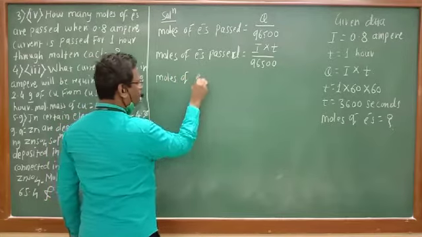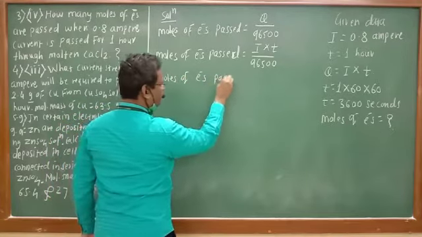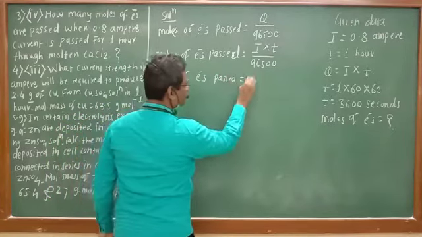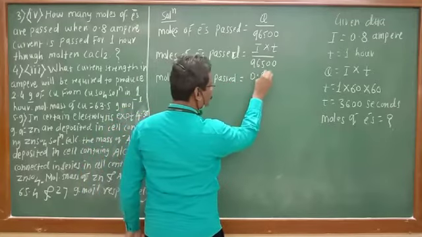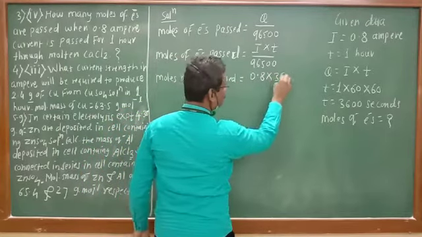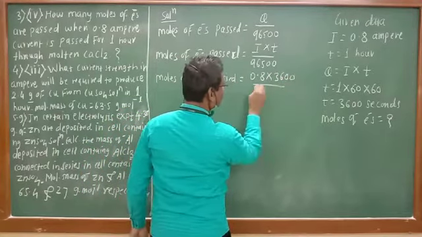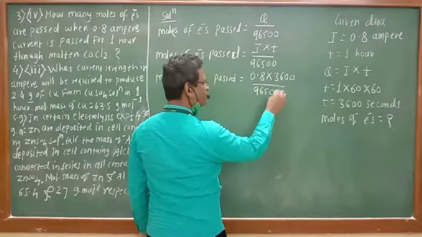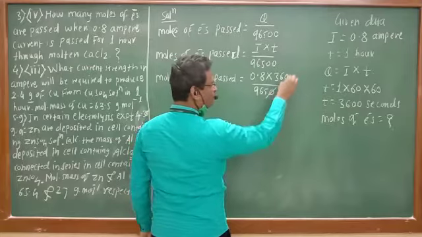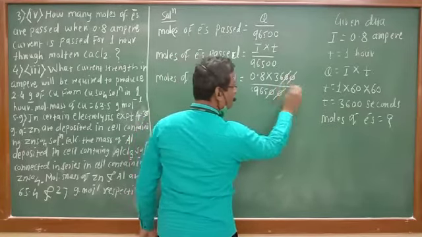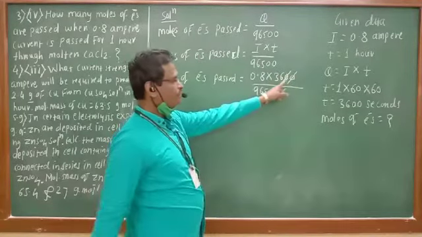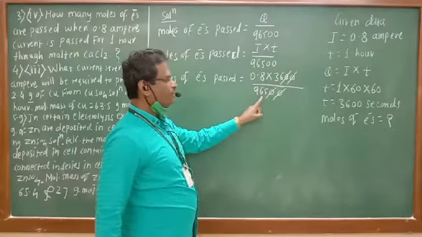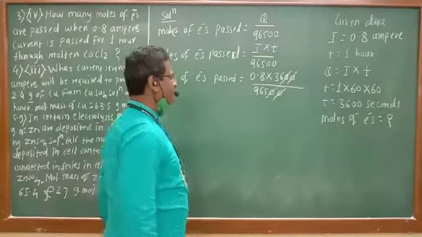Moles of electrons passed is equal to I is 0.8, T is 3600, divided by 96,500. These 20 from numerator and 20 from the denominator are cancelled.